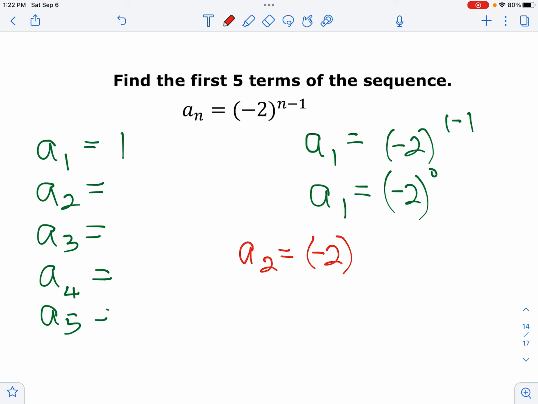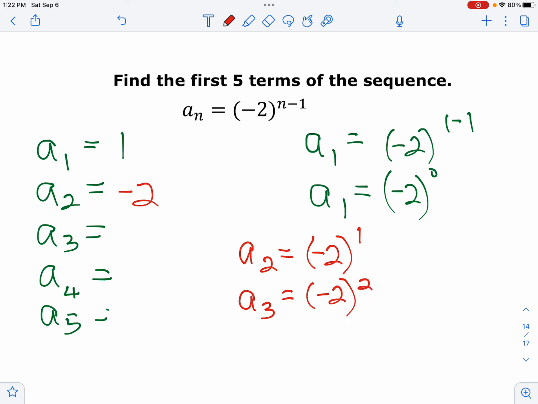So if I put a 2 in there, 2 minus 1 is 1, so I'm going to get that. Now -2 to the first power is -2.